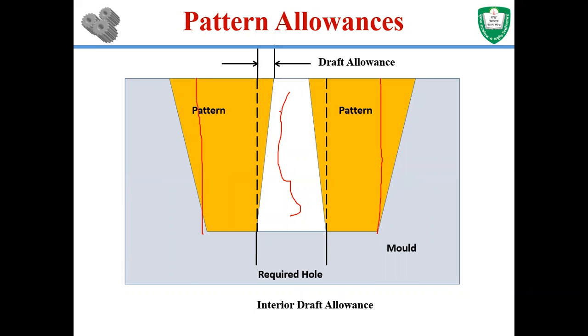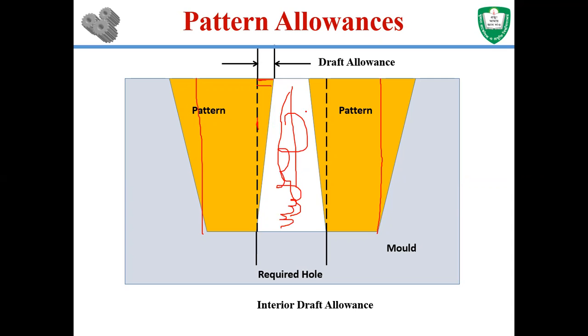In the case of interior draft, you need to reduce the dimension of the internal dia or internal cavity, whatever it is. Then sand will be in here, and if you don't provide this allowance, the sand will always be in contact with the surface, and a little shaking of your hand will result in breakage of the sand in this location.